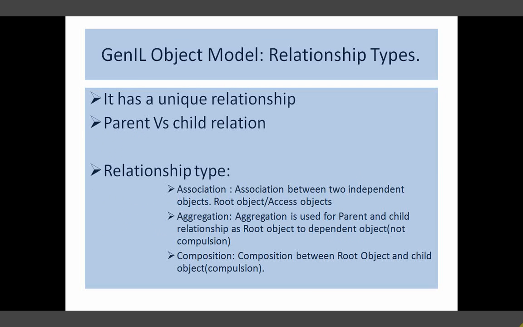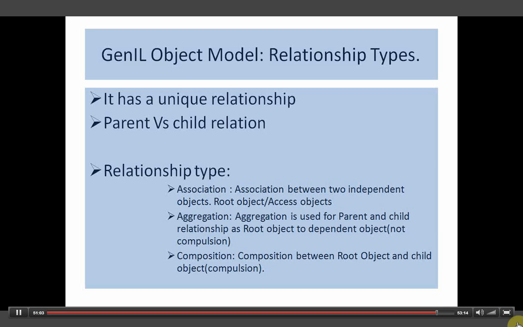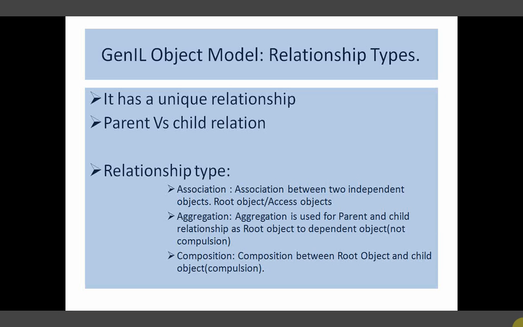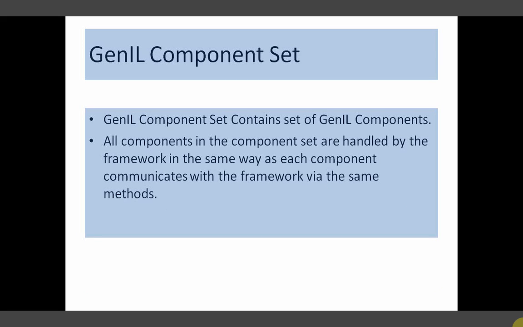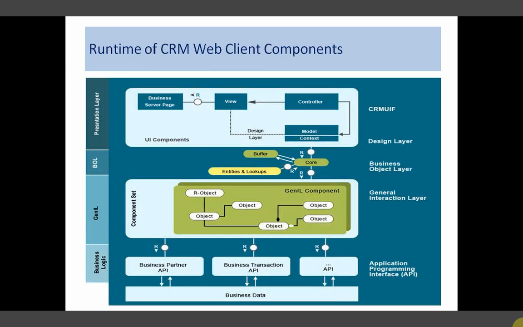The next class would be more into what the root object, access object, and query object are. And as I told you, the general object model contains objects and relationships, so what types of relations it has, what a component set is, and then how the CRM web client component behaves at runtime.